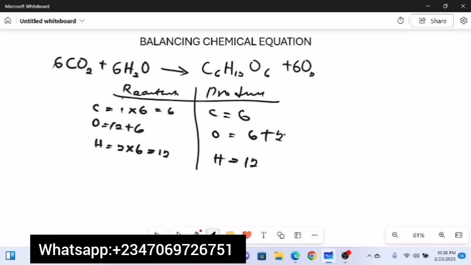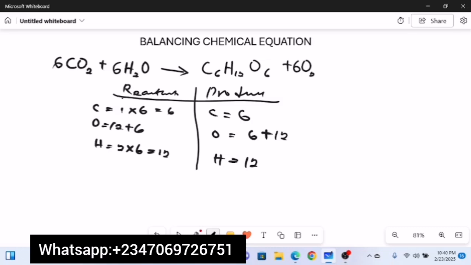In place of this 2 here, we replace that 2 with 12. So I have now 12 moles of oxygen. Let's take this off and replace it with 12. So now the equation is completely balanced.